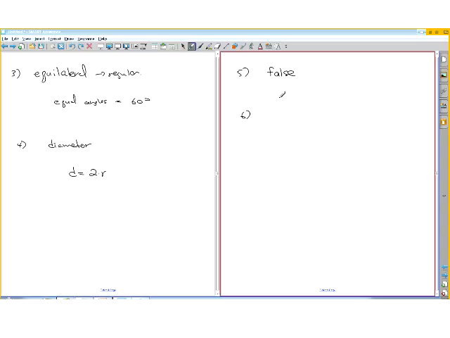Whereas an isosceles triangle has two sides equal to each other, and an equilateral triangle has all three sides equal. So because two sides are equal to each other, you can't have all three sides not equal to each other. So it's true that an isosceles triangle cannot be a scalene triangle.